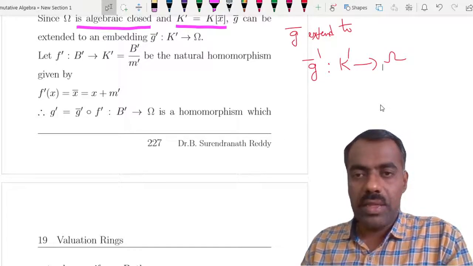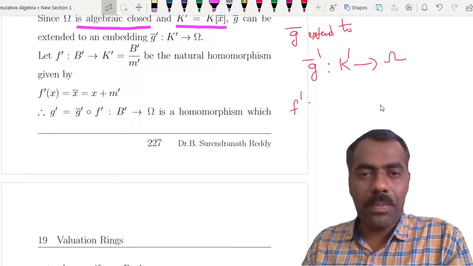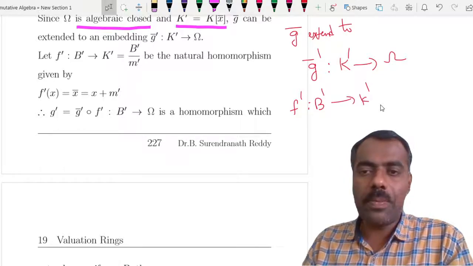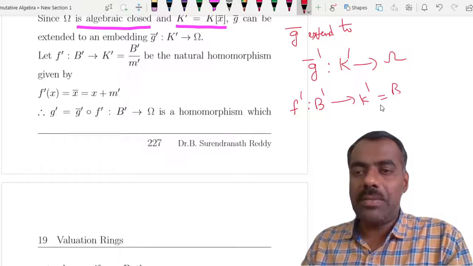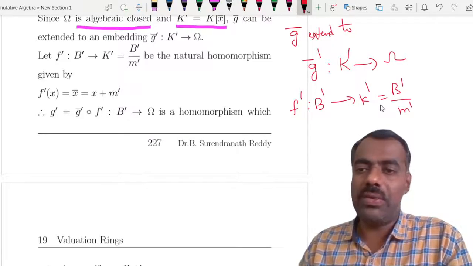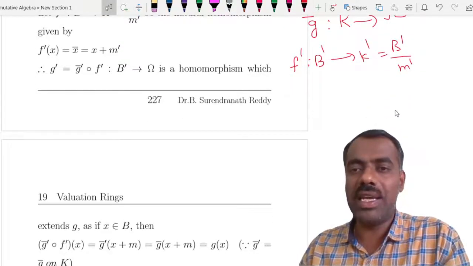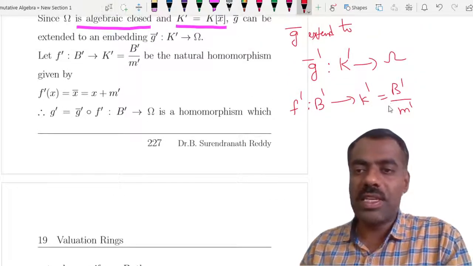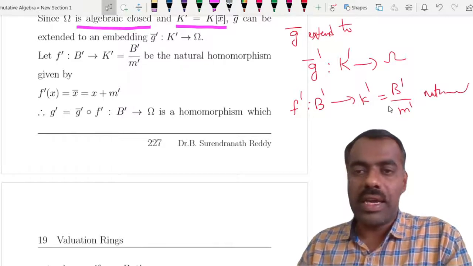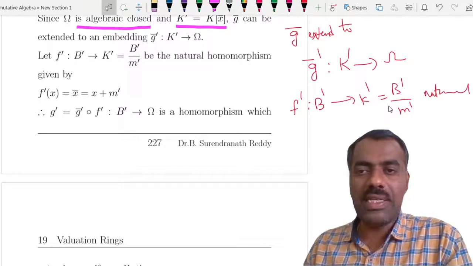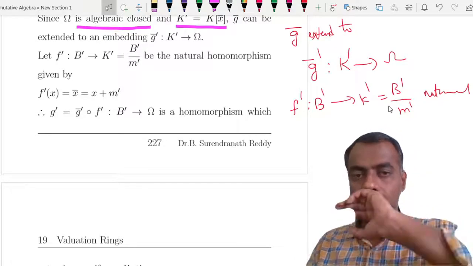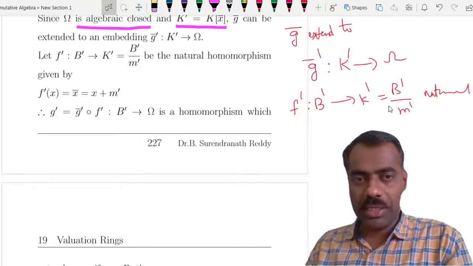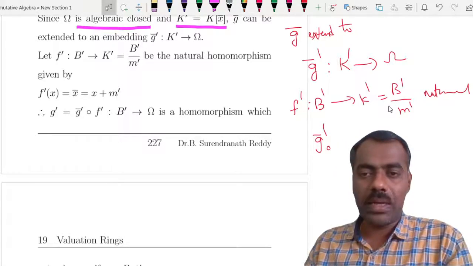Right. Now consider a map f prime from B prime, which is B[x], to K prime, which is nothing but B prime by M prime. We know that this is a natural map, simply sending any element to that element plus the M prime coset. So this is a natural homomorphism, and we have g bar prime. So you can consider the composition g bar prime composed with f prime, which you can call g prime.